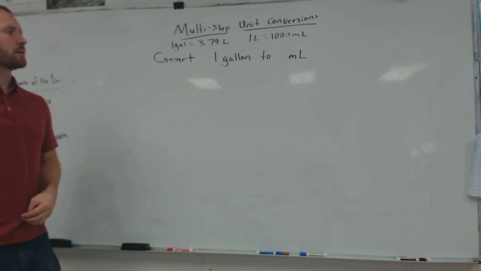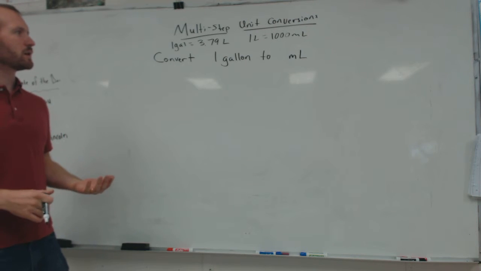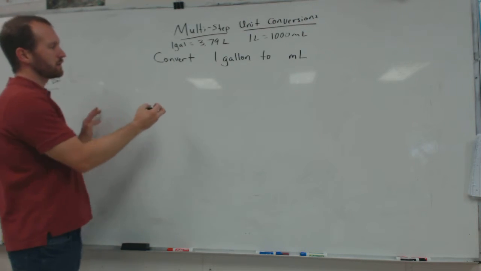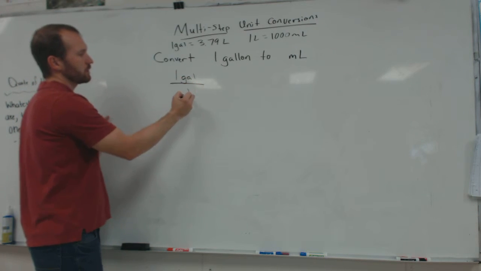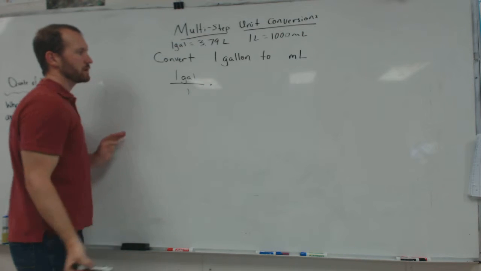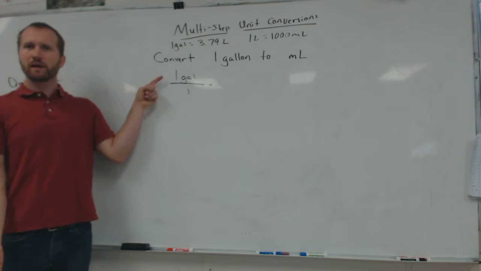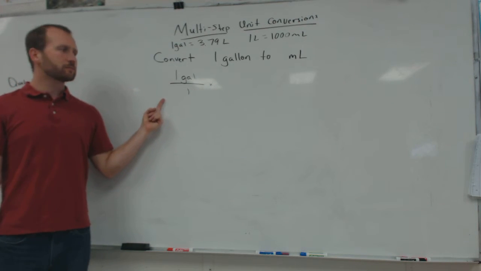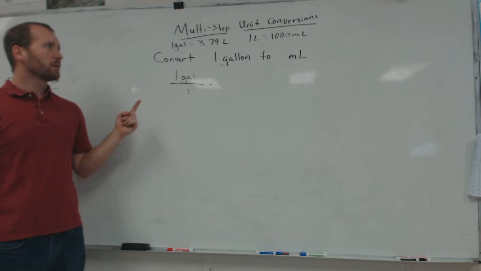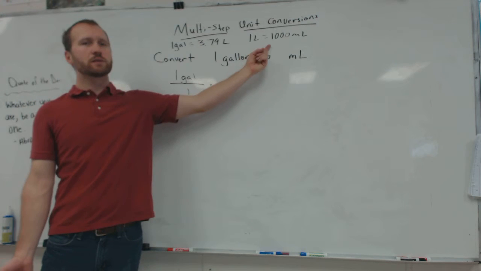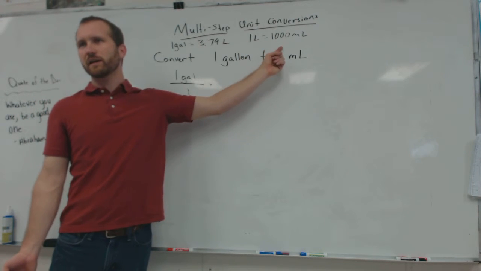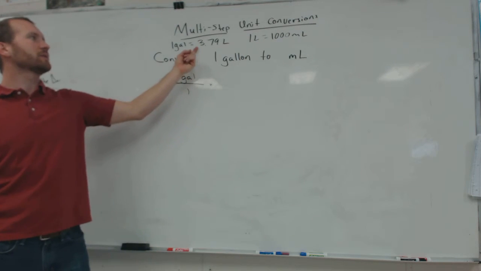Okay. So 2 pieces of information. How am I going to use these to convert 1 gallon into milliliters? So I set up my 1 gallon by writing 1 gallon over 1, so it looks like a fraction. Which of these conversion factors do I want to use first? The one on the left or the one on the right? Left. Okay.